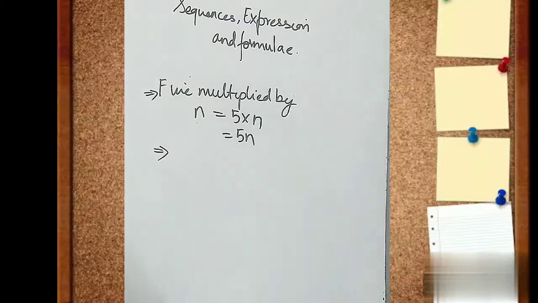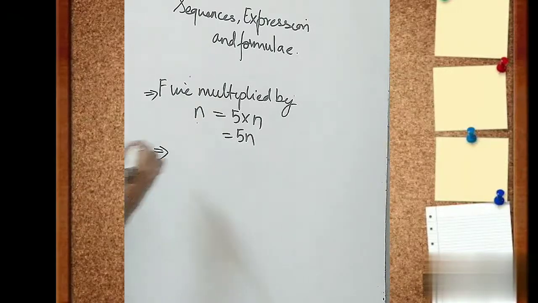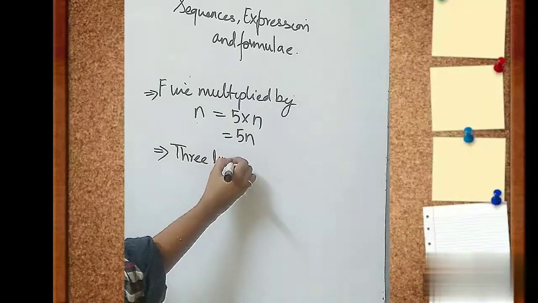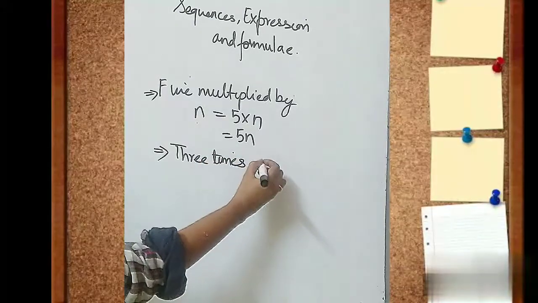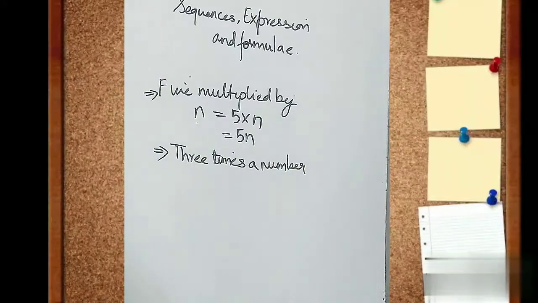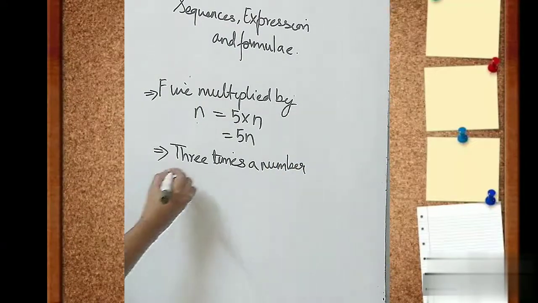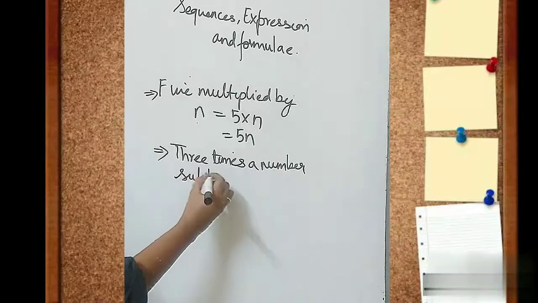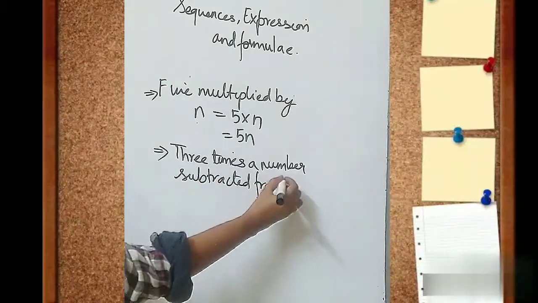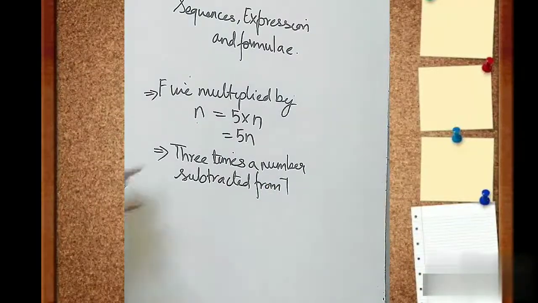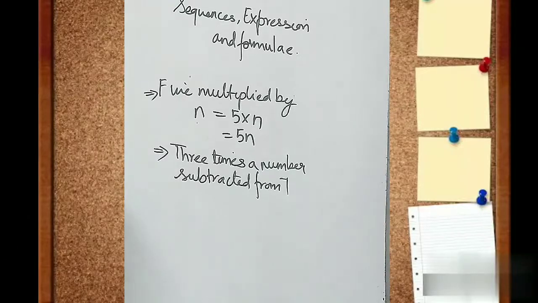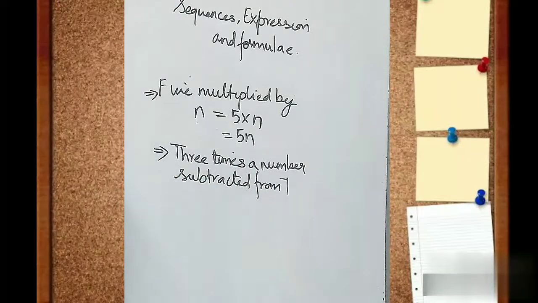Okay. 3 times a number subtracted from 7. So this is actually called a word problem, student. Basically, you have to simply write it down. Now 3 times a number subtracted from 7.